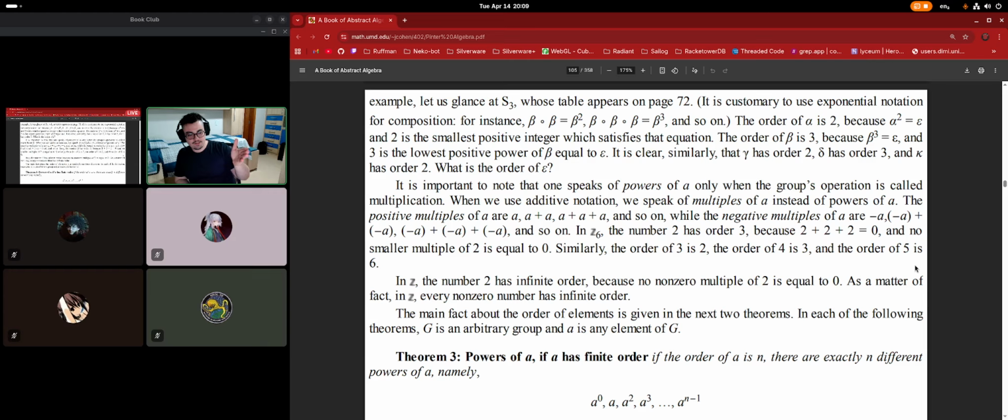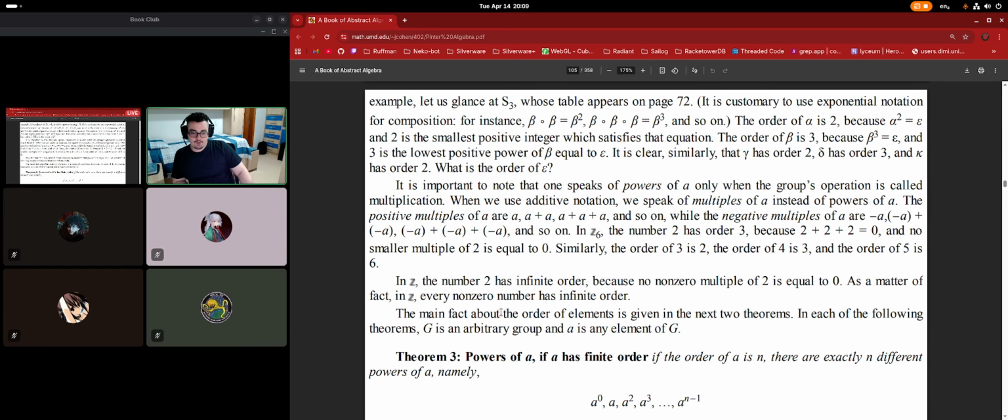That is because if you do the operation in Z6 of 3 twice, you're going to get 0. So that's why the order of 3 is 2, and so on and so forth. In integers, number 2 has infinite order because no non-zero multiple of 2 is equal to 0. As a matter of fact, in integers, every non-zero number has infinite order, obviously.